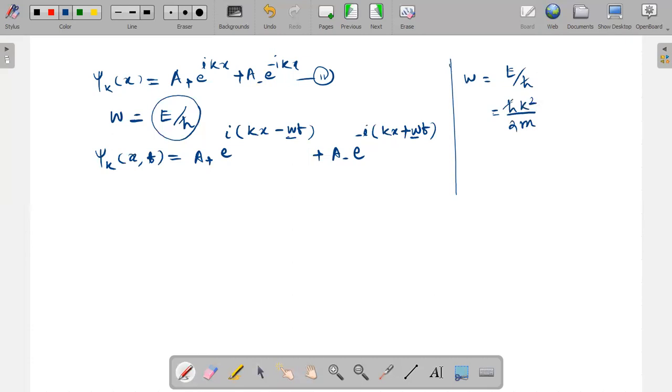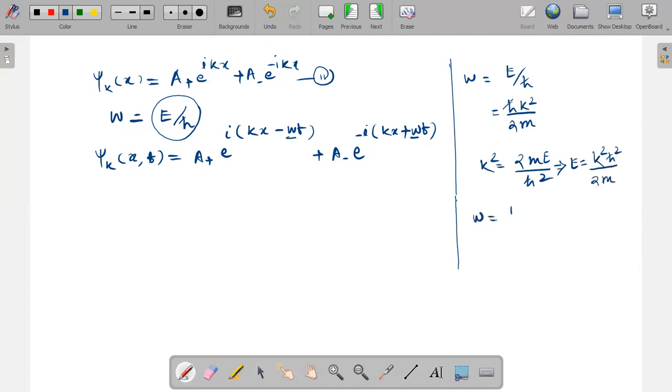I already explained the value of k square in the previous session, in terms of energy, that is k square equal to 2mE upon h cross square. This implies that E equal to k square h cross square upon 2m.